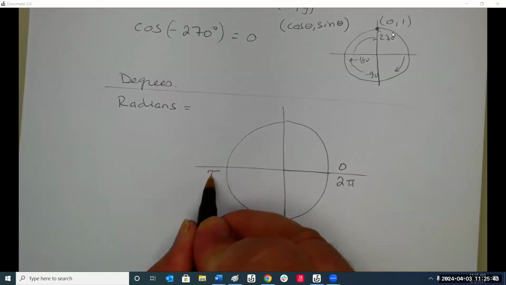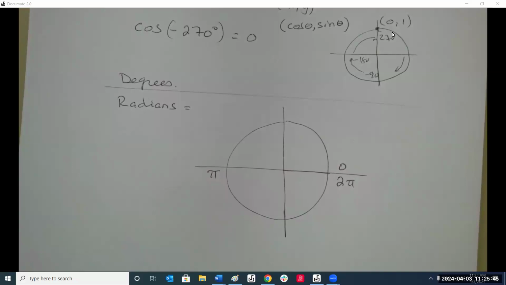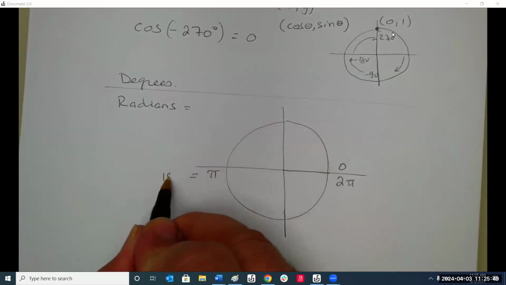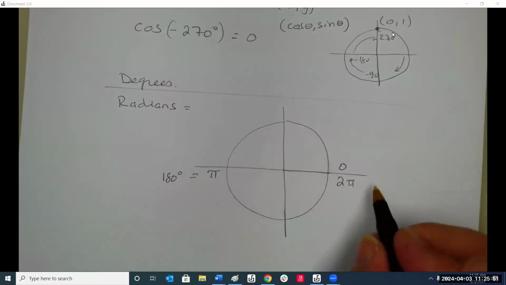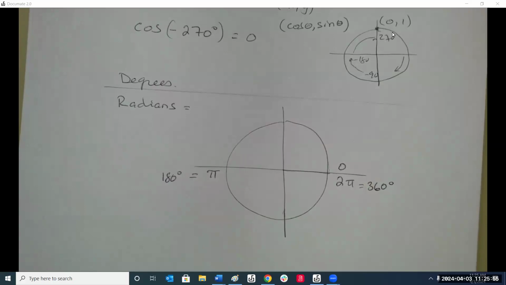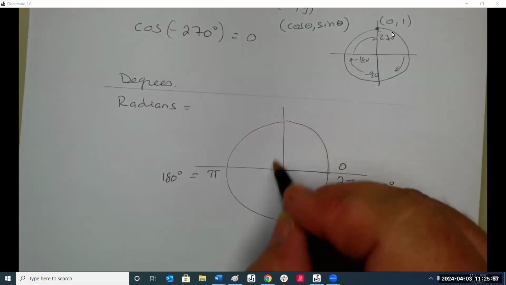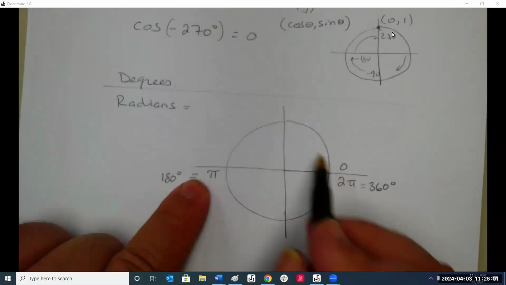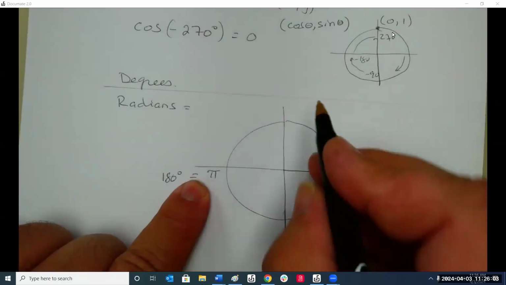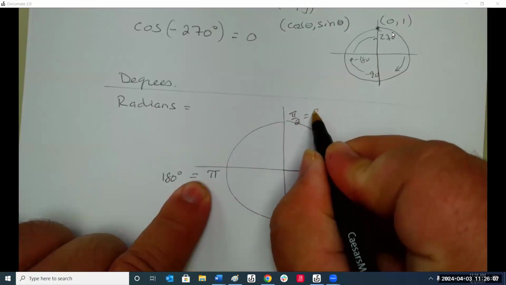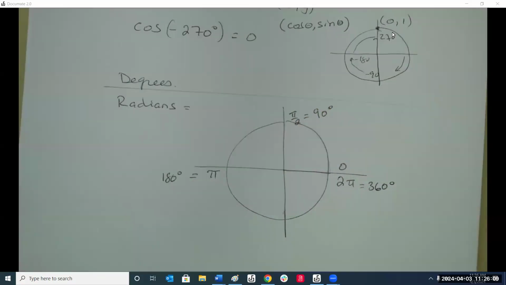So from 0, this is the same thing as 180 degrees, or the same thing as 360 degrees. So what would straight up and down be? If this is pi, what's this one going to be? Yep, it's half of pi, which is 90 degrees.